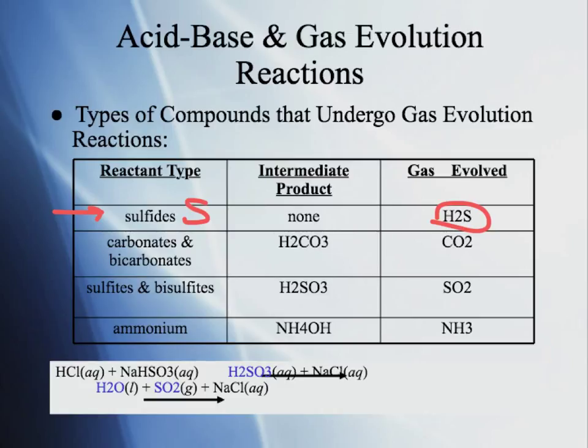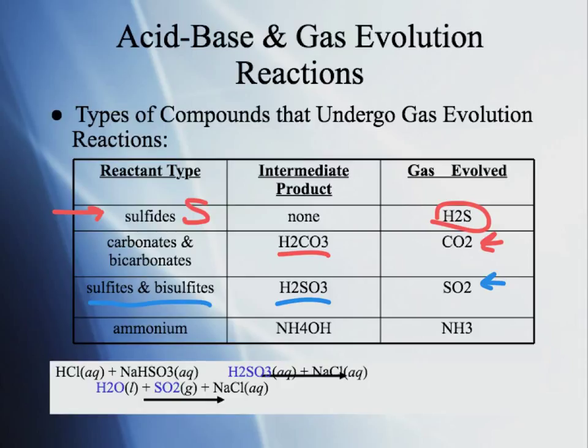Now, carbonates and bicarbonates, again, like I said, we're going to have an intermediate product that then forms the gas CO2. Sulfites and bisulfites are going to have an intermediate product of H2SO3, and then they're always going to form sulfur dioxide gas.